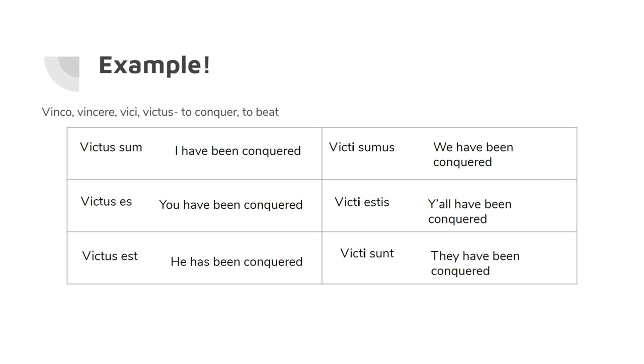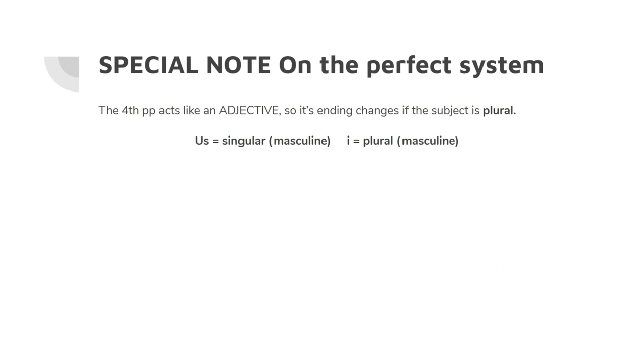I bet you're already catching on to how this works, why we went from US to I, but let's spell it out. Let's make this really clear, okay? Your special note on the perfect system is that fourth principal part, which when you find it in a definition in a dictionary, is always going to end in us. It actually acts like an adjective, and so it changes a little bit depending on the subject.